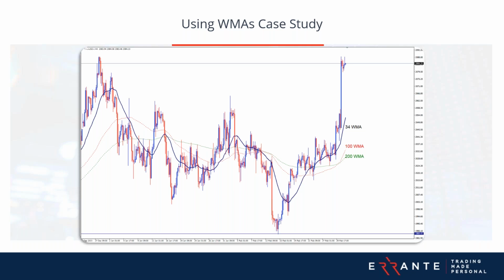Now, let's analyze the chart in the context of the previous slides' content about the moving averages. As you see here, for example, we have the price at a far distance from the 34 WMA.